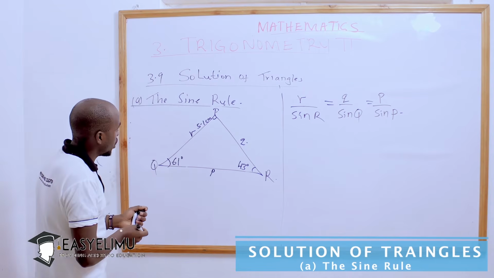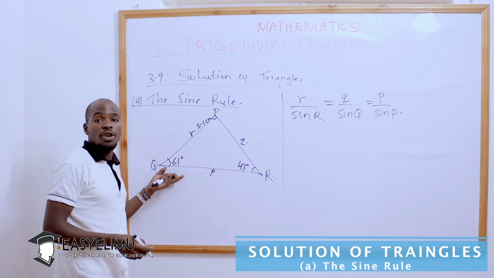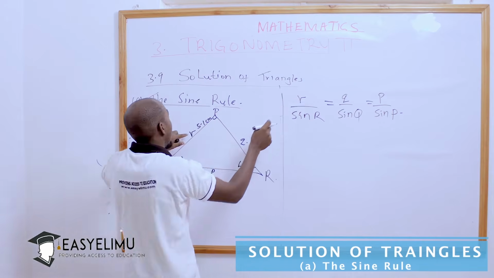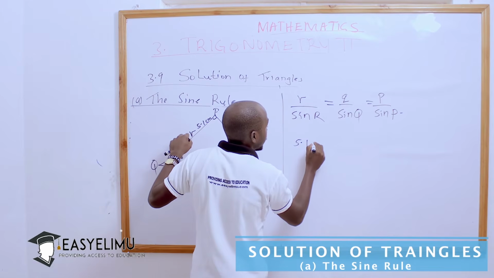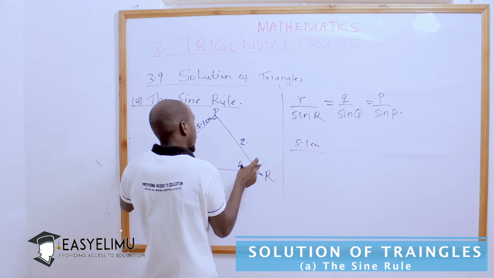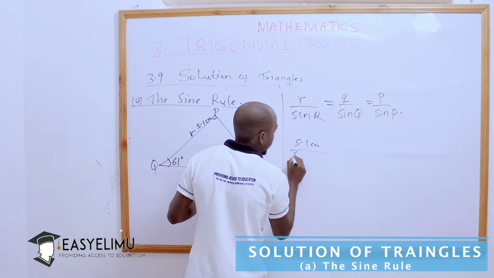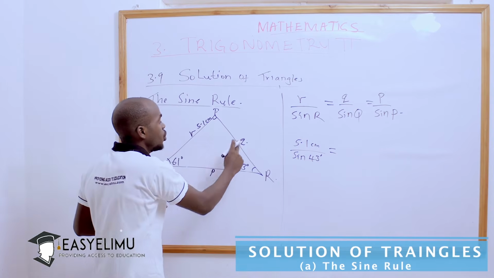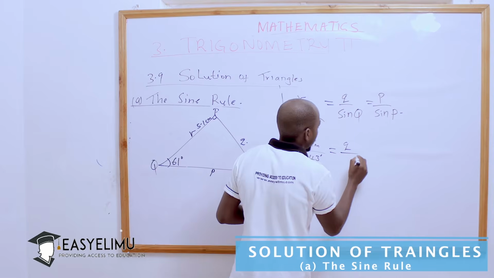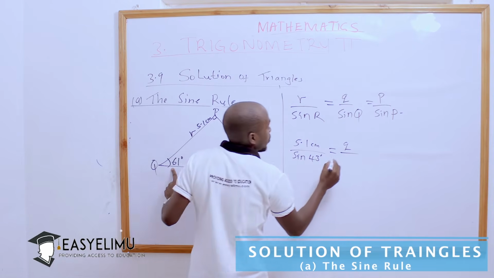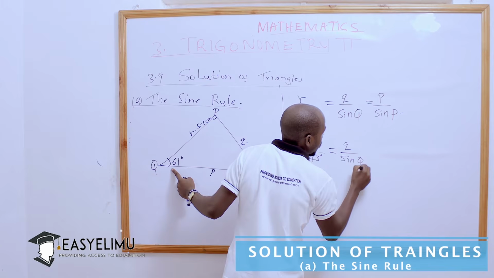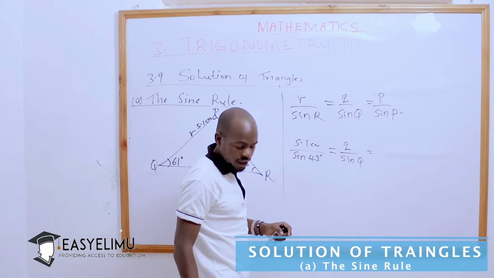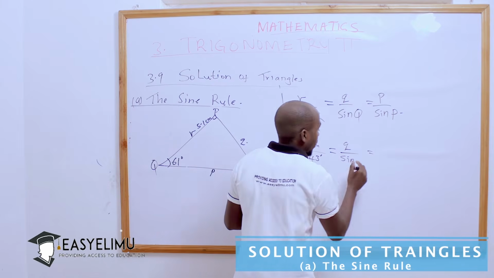We are going to substitute for the values of the unknowns. We substitute small r by 5.1 centimeters over sine of angle R, which is 43 degrees, and this should be equal to q, which we don't have, over sine Q, which is sine 61.